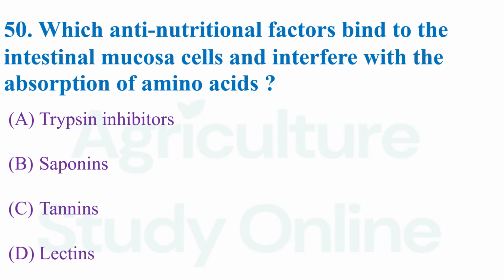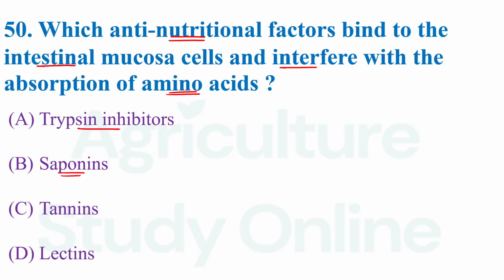Question number 50. Which anti-nutritional factor binds to the intestinal mucosa cells and interferes with the absorption of amino acids? So first one, trypsin inhibitors. We know trypsin inhibitors inhibit the protein digestion enzymes, not the mucosal binding.